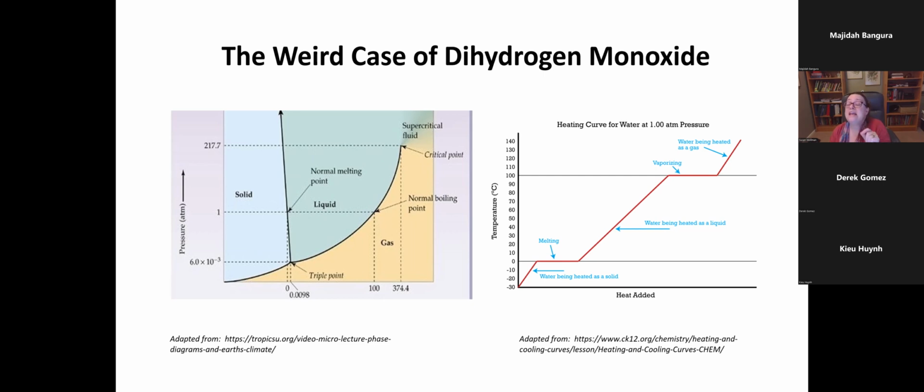Its molar mass is only 18 grams per mole. It's super tiny, but it has a really huge heat of vaporization and a really huge heat of fusion. It also has really large heat capacities, in the liquid, the solid, and the gas. Again, a darn good thing for us, right?